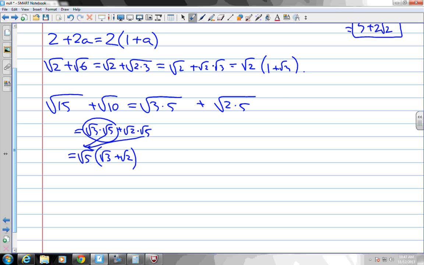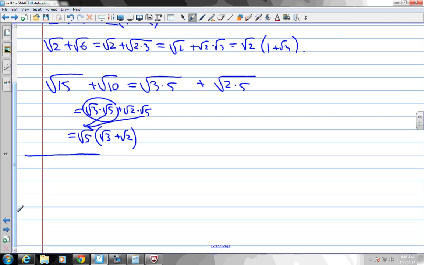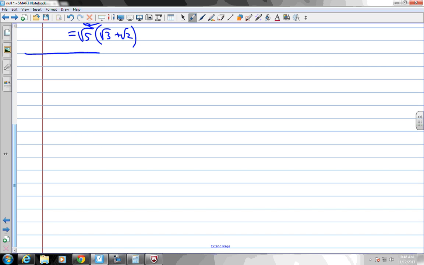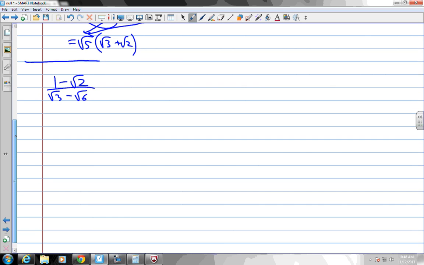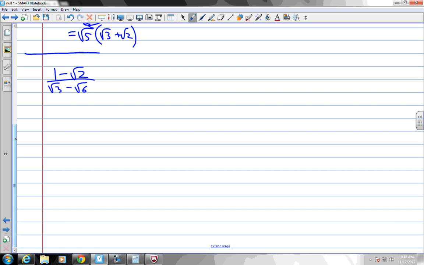But on question 7, question 7 is asking you to rationalize using some of those techniques. I mean, we know how to rationalize this. Multiply by root 3 plus root 6 over root 3 plus root 6. But here I'm asking you to do that same factoring trick. Because I can take out the root 3, right?